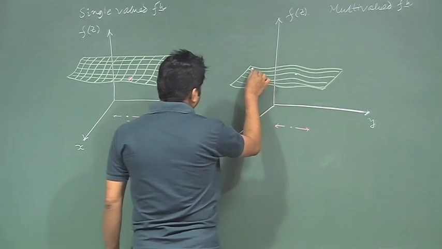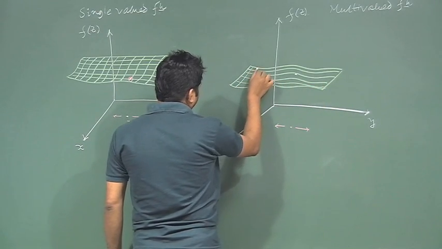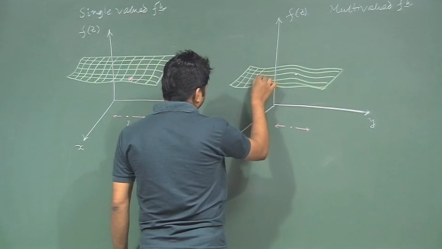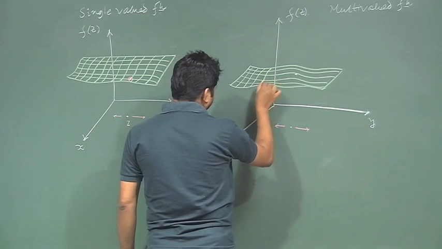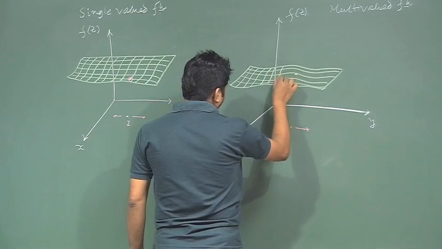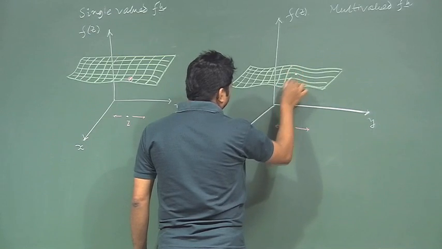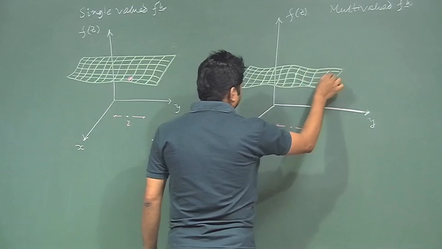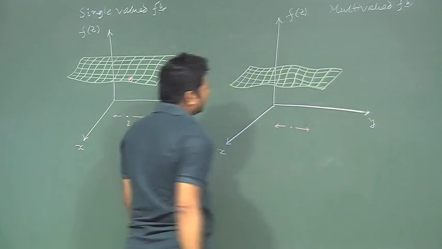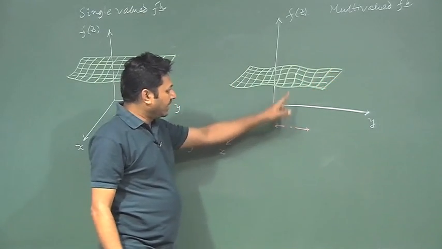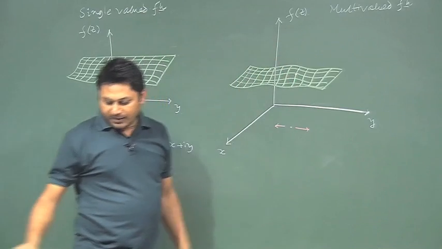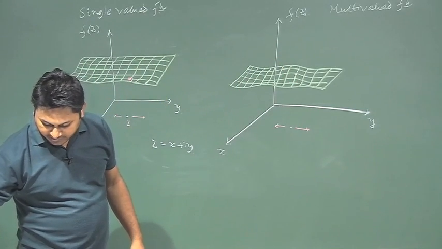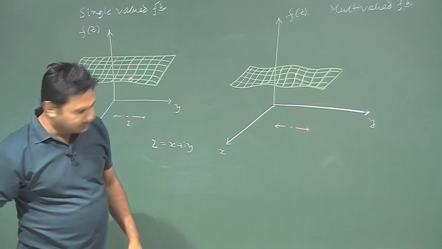let me draw it properly, though you can realize it is very difficult to draw a three-dimensional object in this way, but I believe you understand how these things are working. So, this is surface 1. For this value I will have some point here, but I should have another surface because this is a multivalued function.